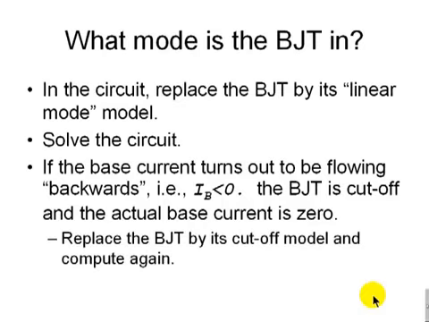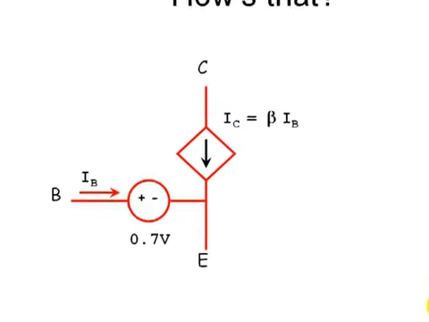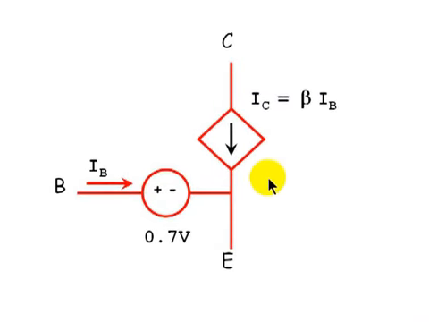What's next? Then we have to replace the equivalent circuit that we had put there already by the cutoff model, and we recompute the circuit. How's that? We replace the transistor with this model, the linear one. We solve the circuit for this current, IB.